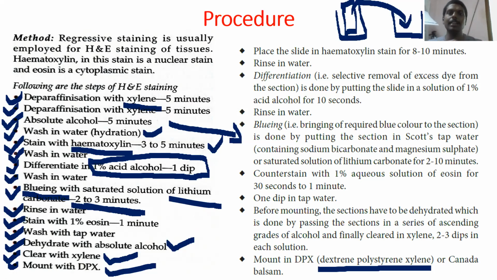These are descending graded alcohols. If we directly put it in water, it may damage the cellular architecture. That is why we slowly incorporate water back into the tissue using descending graded alcoholic solutions. This step in H&E staining is called hydration.